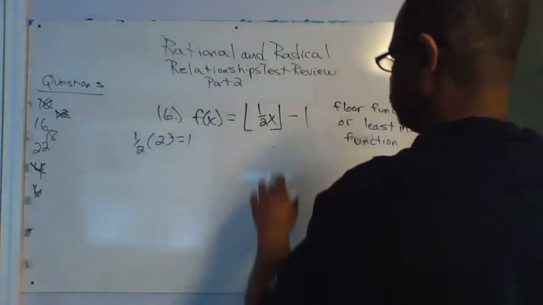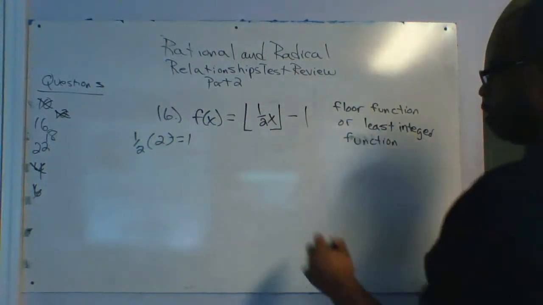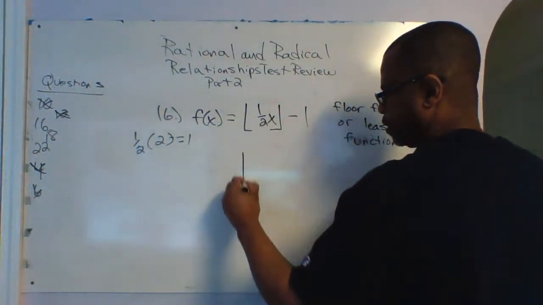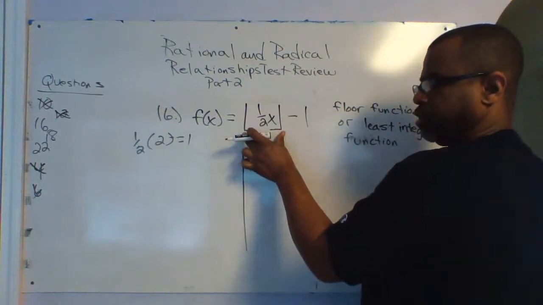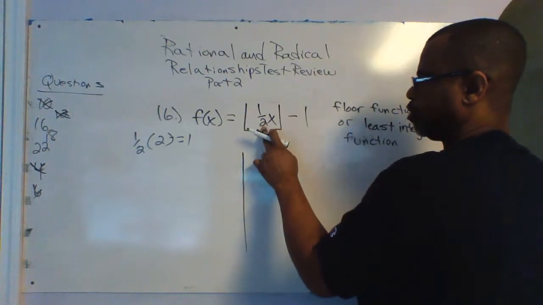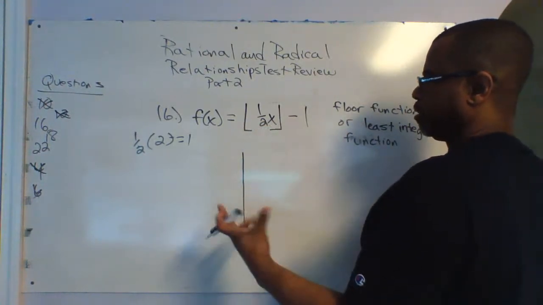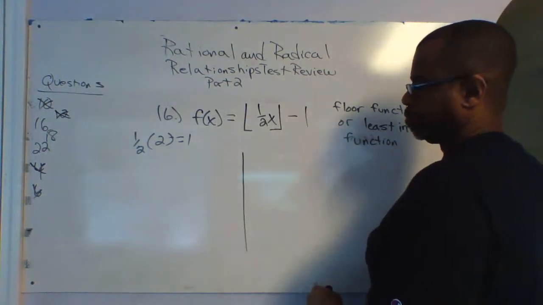So instead of your x being stretched just by 1, you've got to stretch it by 2, because you have to do twice the work to get a whole number or an integer.